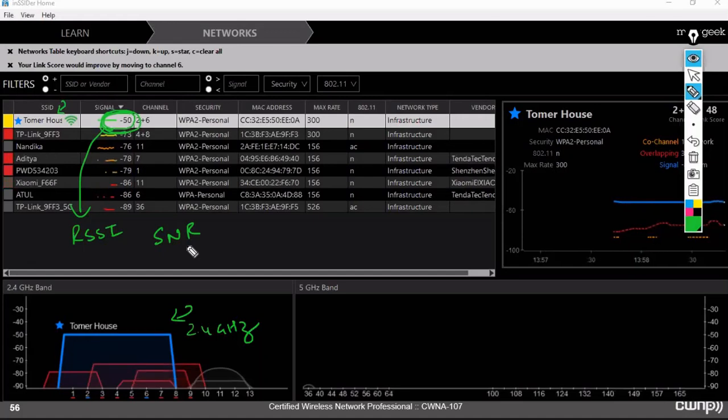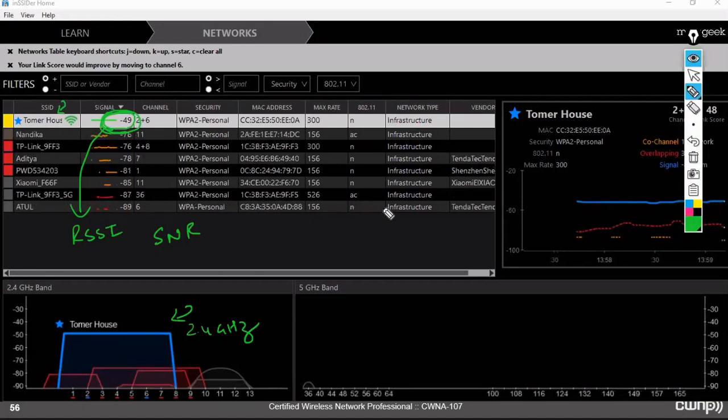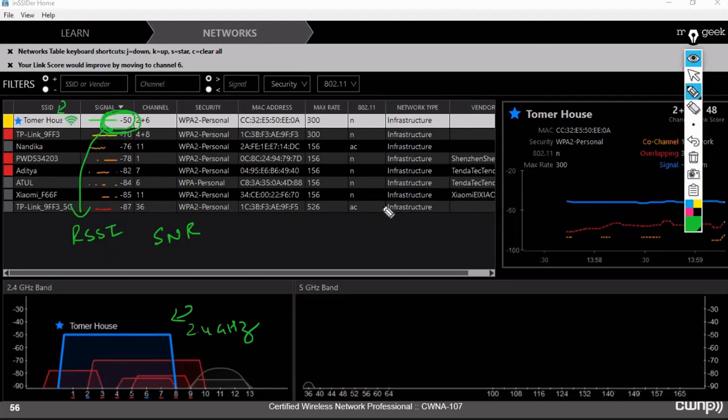This value tells you the strength and quality of a radio frequency signal being received by the antennas. So I'm very happy if I'm getting 49 or 50, because I'm able to upload and download properly.